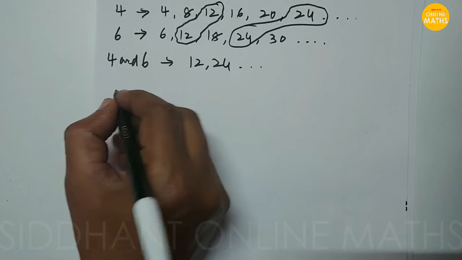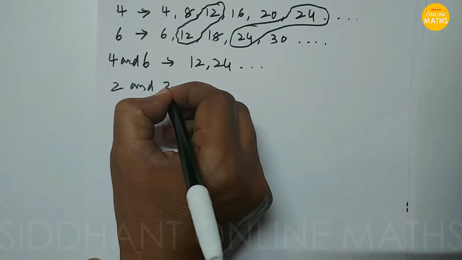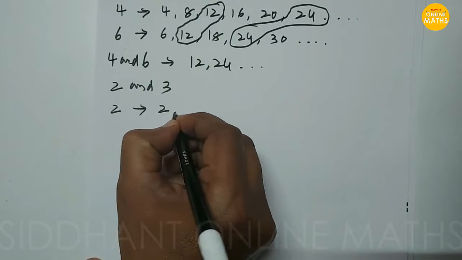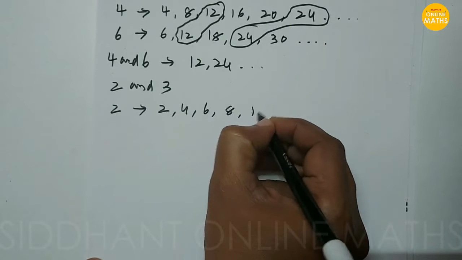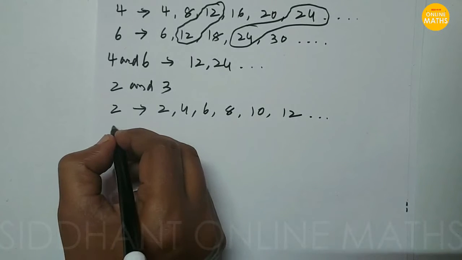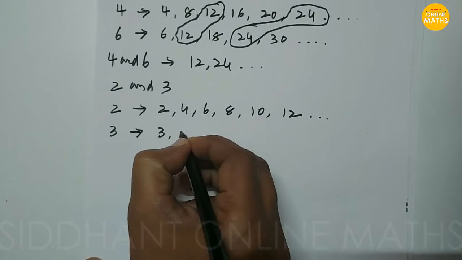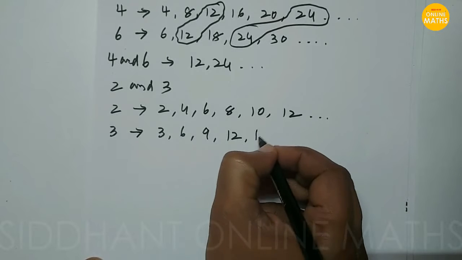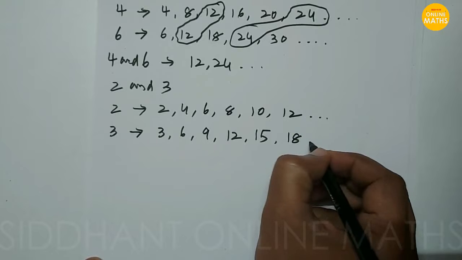Take another example, 2 and 3. The multiples of 2 will be 2, 4, 6, 8, 10, 12, and so on. The multiples of 3 will be 3, 6, 9, 12, 15, 18, and so on.